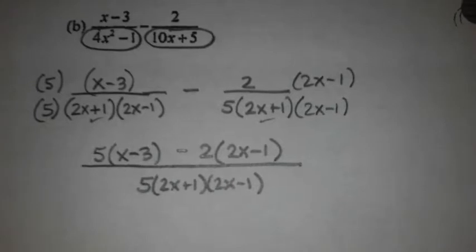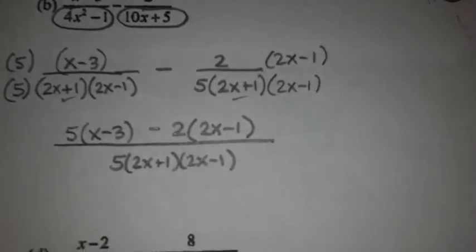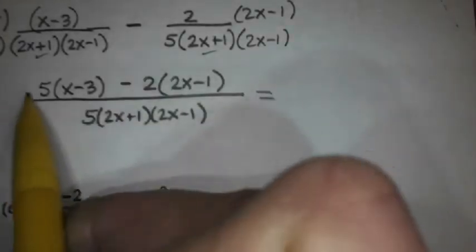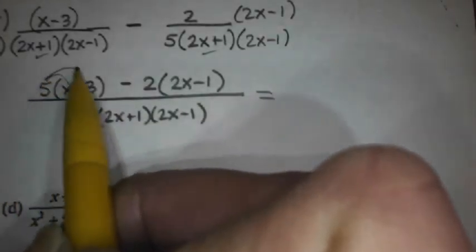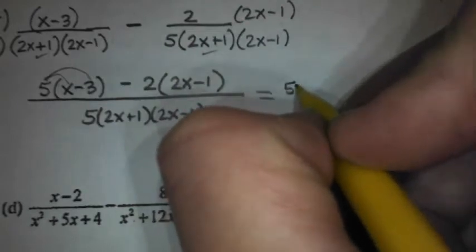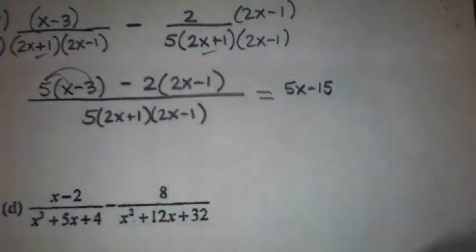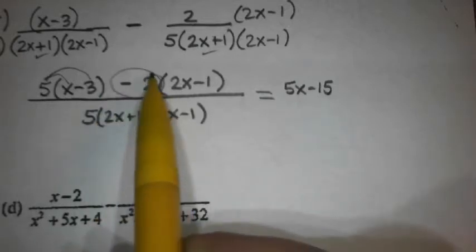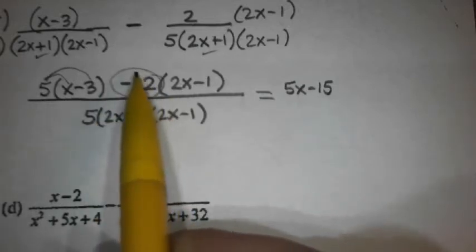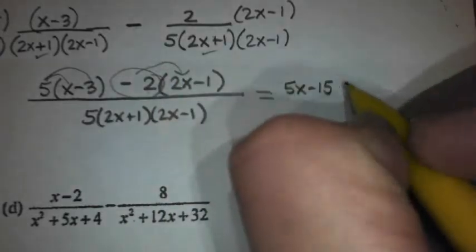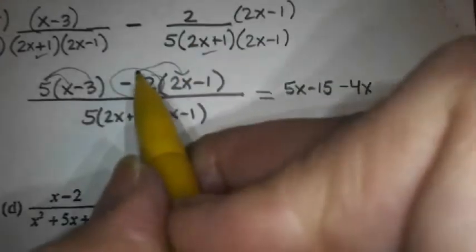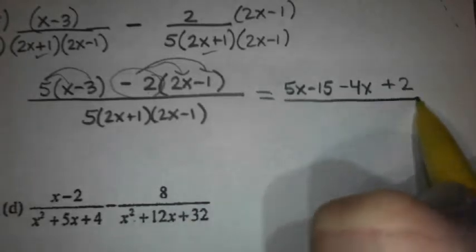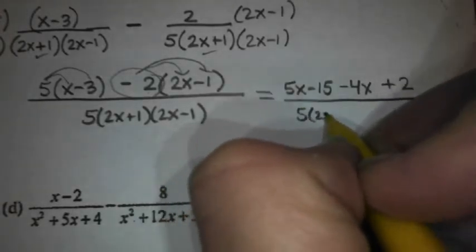And then the only thing I need to multiply out and simplify is my numerator. So that is going to be distributing the 5x minus 15. And then I'm distributing a negative 2. We see that. Negative 2 times 2x is minus 4x. Negative 2 times negative 1 is plus 2, all over the common denominator.